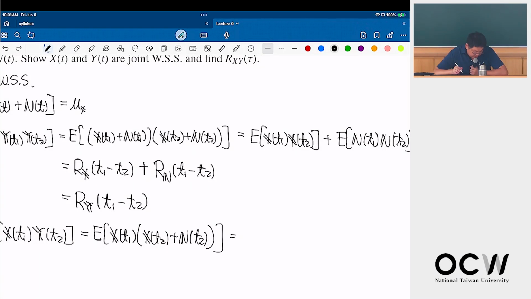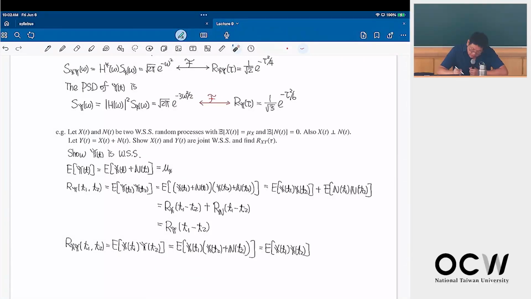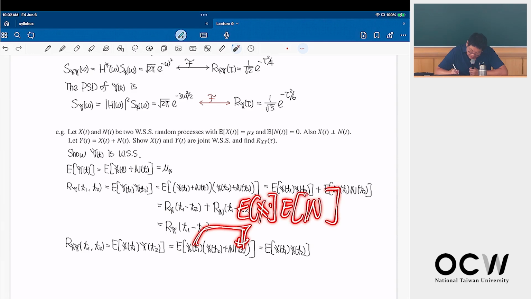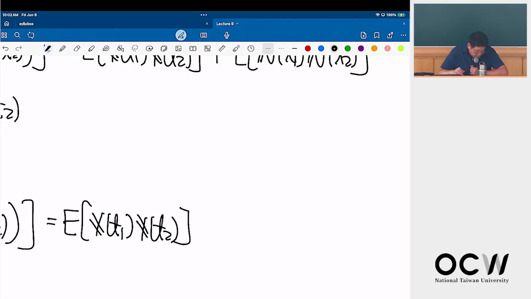So we have expectation of x t1 and x t2. Since here we have x in this cross term, and they are independent, we can have x and the expectation of n. And since that is 0, this term is gone. So you can see this is the autocorrelation of x, and it is a function of time difference.